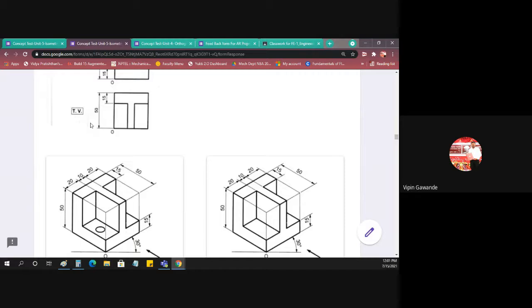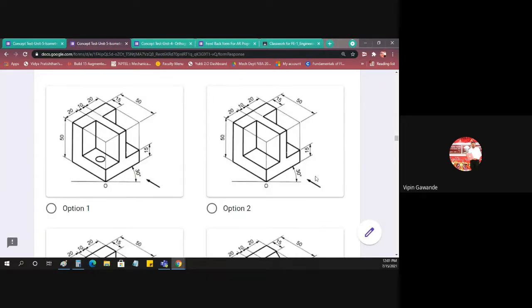Okay, now in the top view, what will we get? We'll get this T shape, and these 2 rectangles, 1 and 2, because of these horizontal surfaces. You have to rotate this in the direction of the arrow.